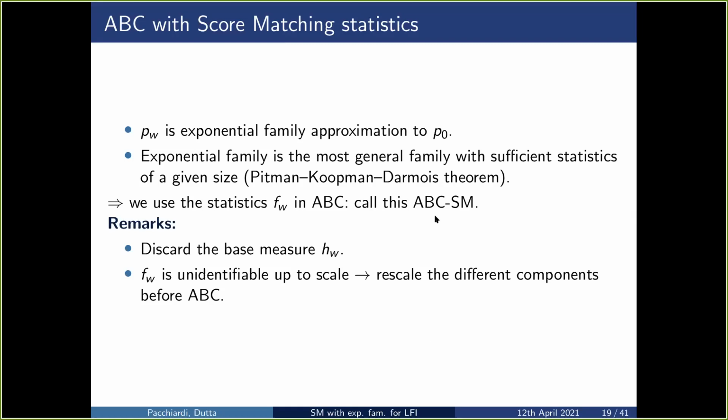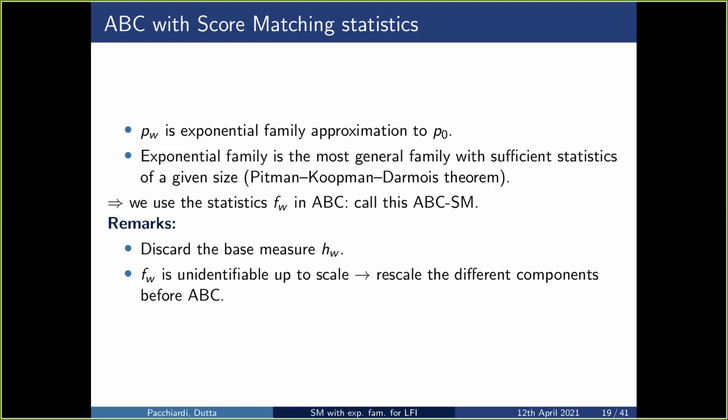And that's what boils down to this ABC-SM. But when you're doing that, notice that you should discard the HW, the base measure, and FW is unidentifiable up to some scale. And we need to rescale the different components before doing ABC. This will also point to some of the works by Dennis where you do this adaptive distance learning for ABC.